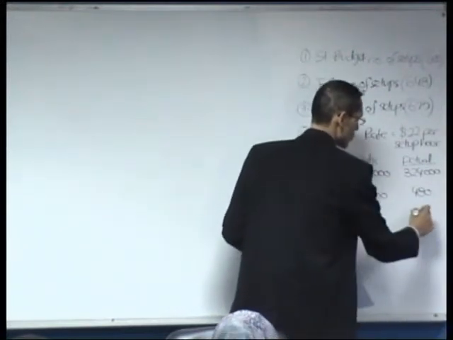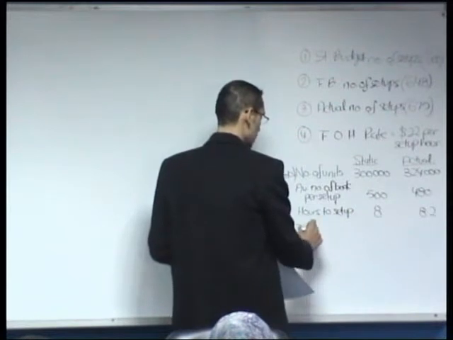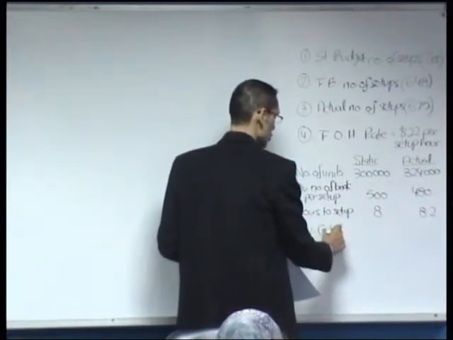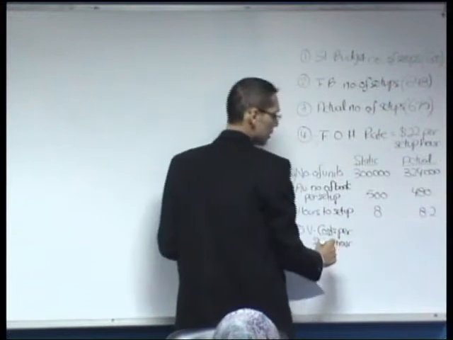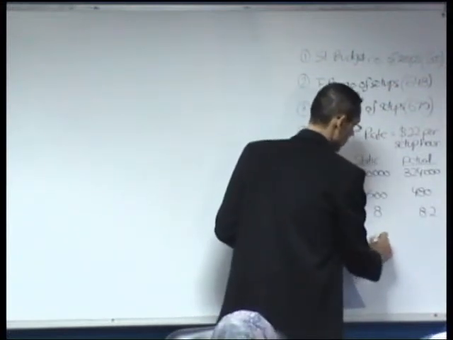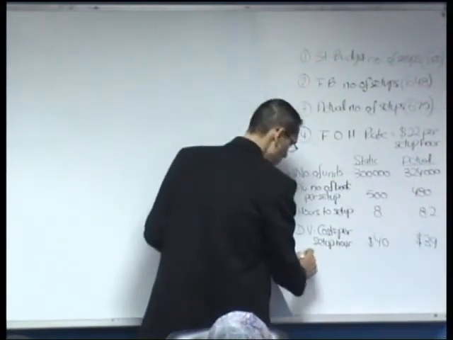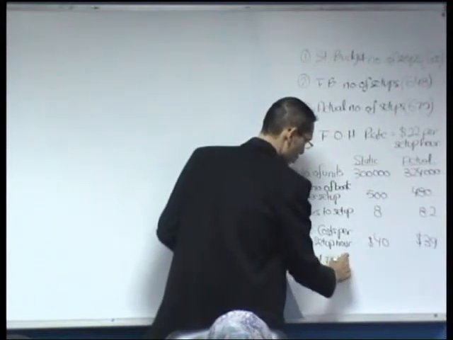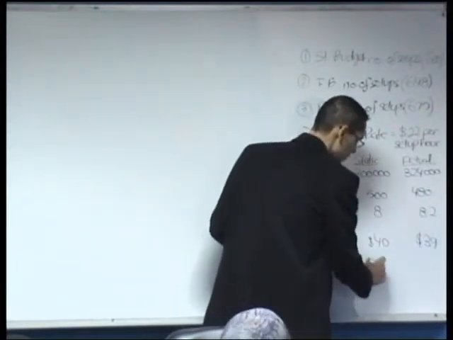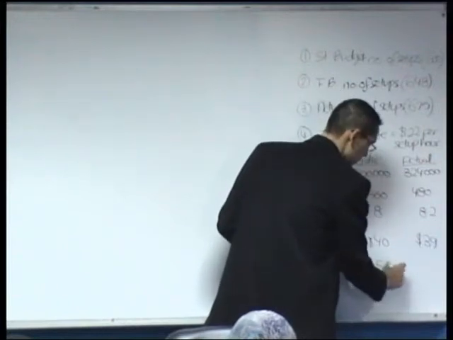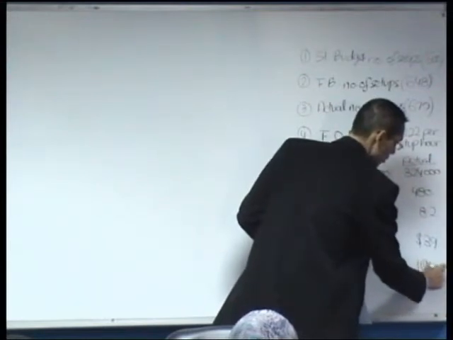I think 8, and the actual is 8.2, and then direct variable costs per setup hour is $40.39 for the actual, and the total fixed overhead costs is 105,600 and 119,000.